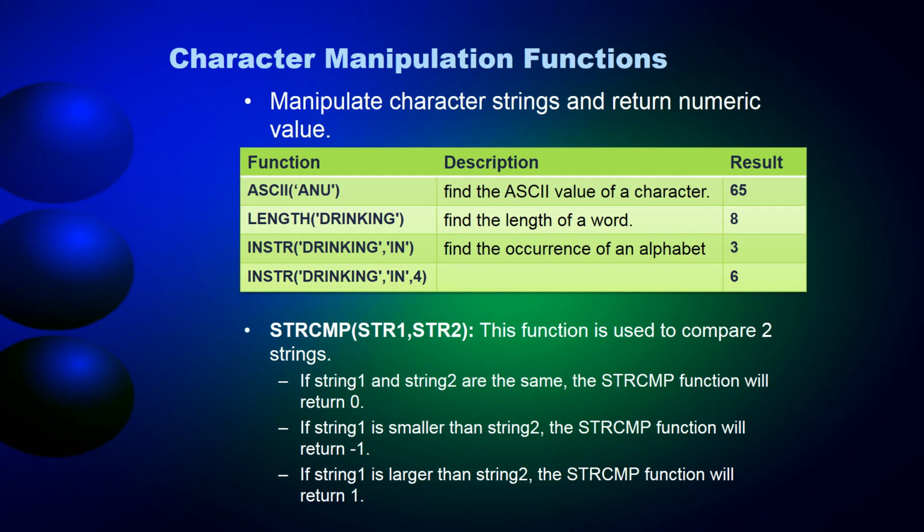If string 1 is smaller than string 2, it will return -1 as the result. If string 1 is larger than string 2, it will return 1 as the result.